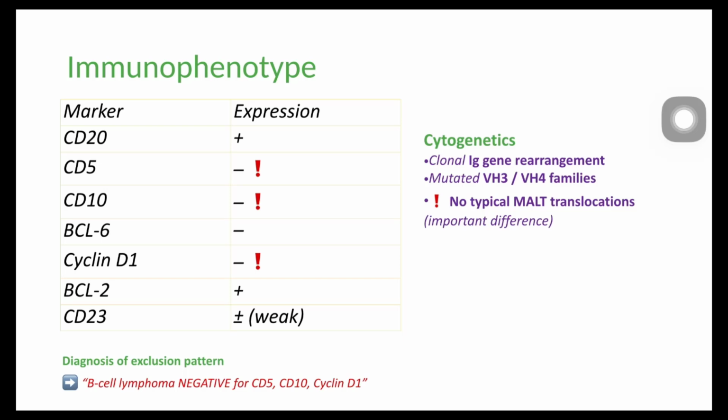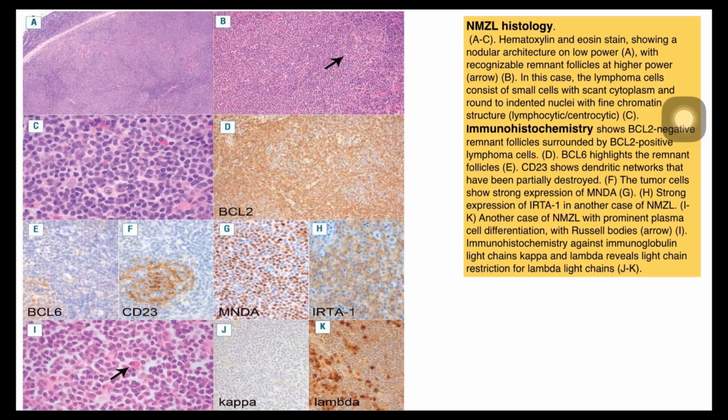Cytogenetics may show clonal immunoglobulin gene rearrangement, mutated VH3 and VH4 families, and there is no typical translocation, which is an important difference.